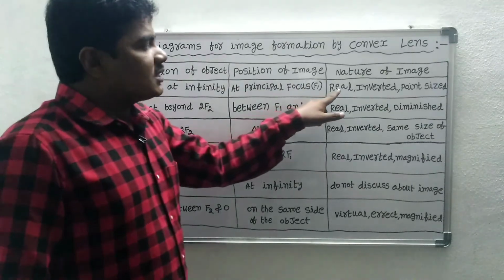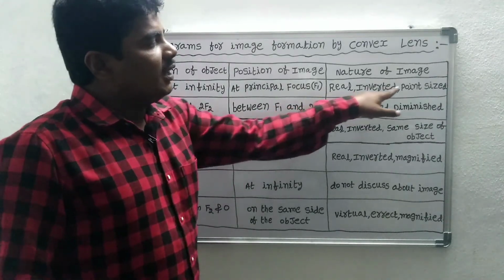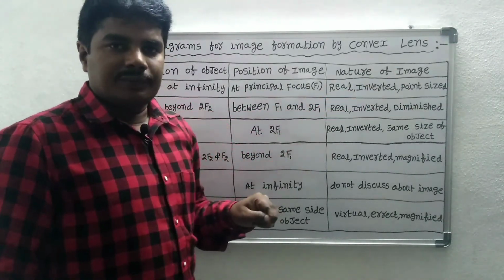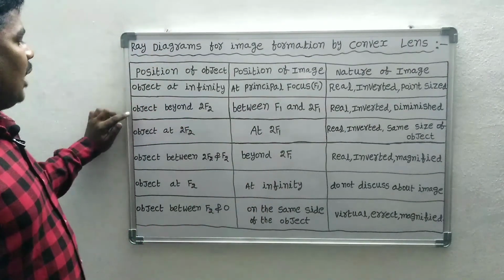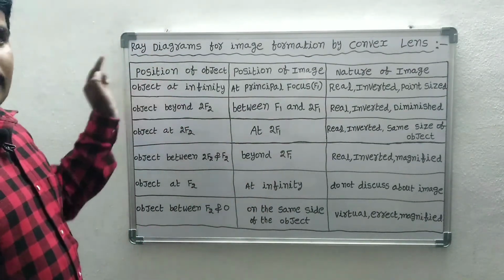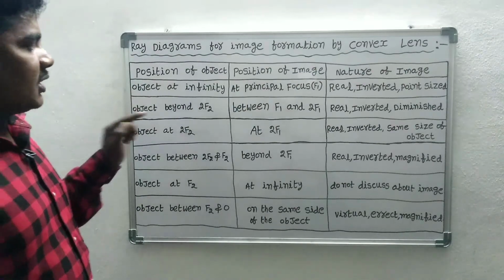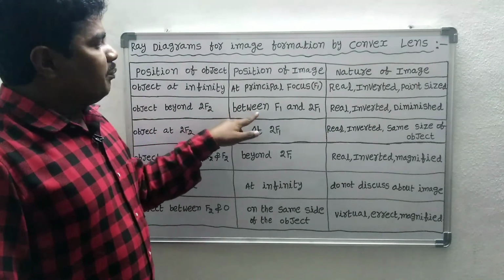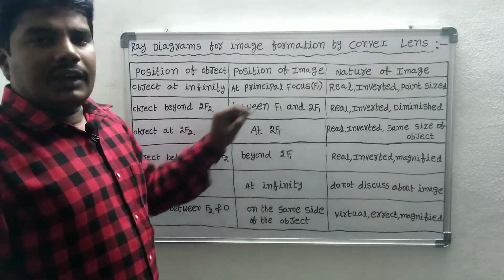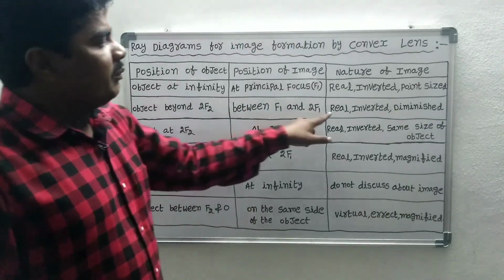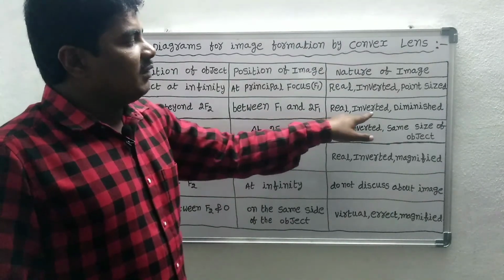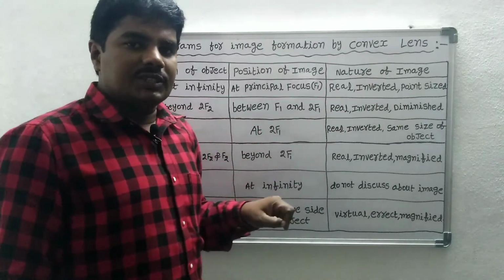That image is real, inverted and point sized. Second is object beyond 2F2, beyond center of curvature. Image between F1 and 2F1. That image is real, inverted and diminished.